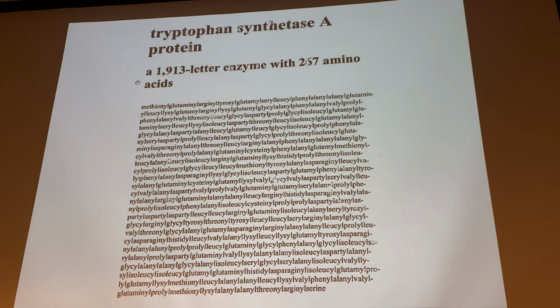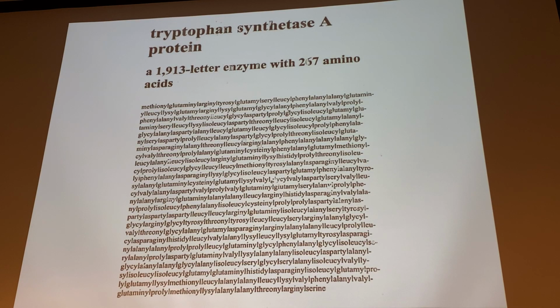So a lot of these proteins are named in a straightforward way that describes something about what they do. But here's the problem. It's 267 amino acids, and here it is written out in its IUPAC name, which is the prefix starting at the N terminus: methionyl, glutamyl, arginyl, tyrosyl, glutamyl, seryl, leucyl, phenylalanyl, alanyl.